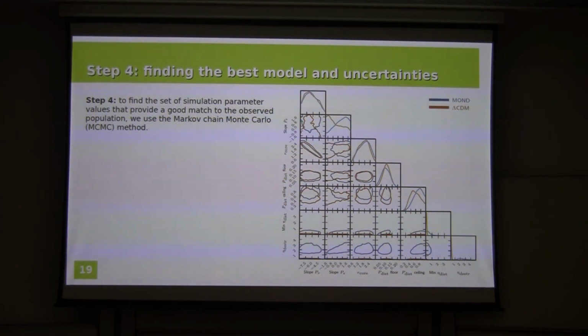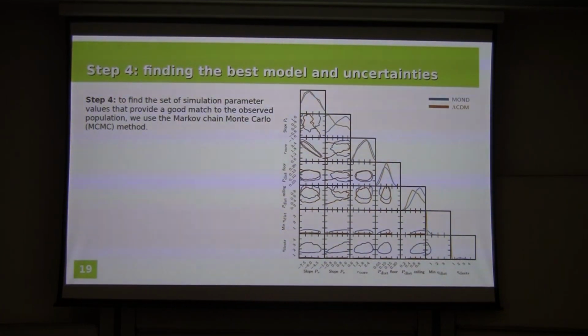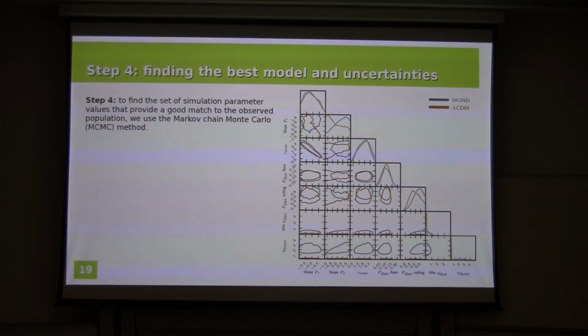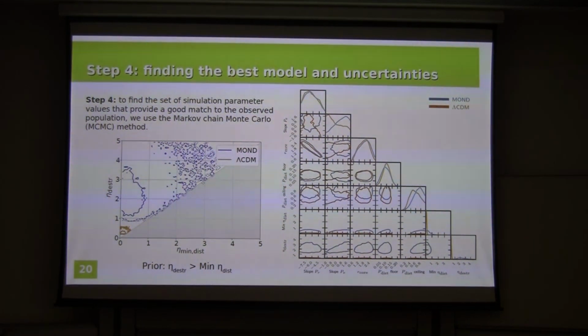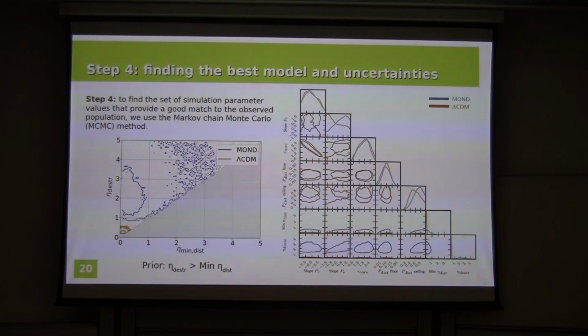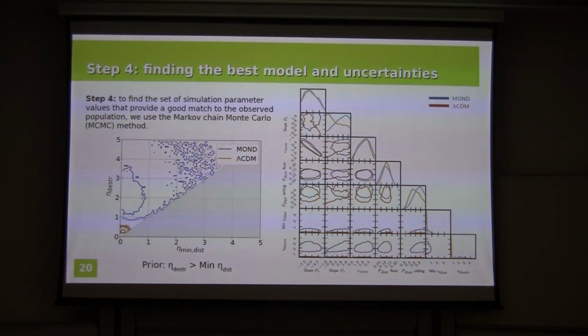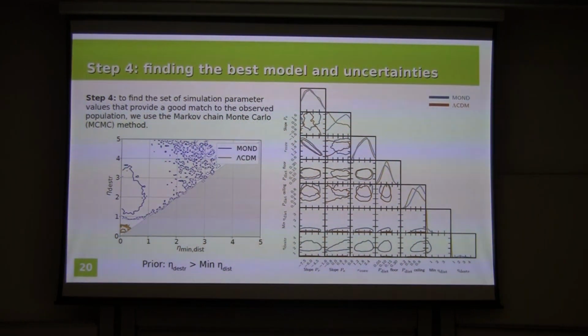And basically, this triangular plot is just summarizing the best fit values for all the parameters that we left as free parameters. Among all these little boxes, I would like to focus on the little box that refers to the values of eta destruction and minimum eta disturbance that was fitted with this method.